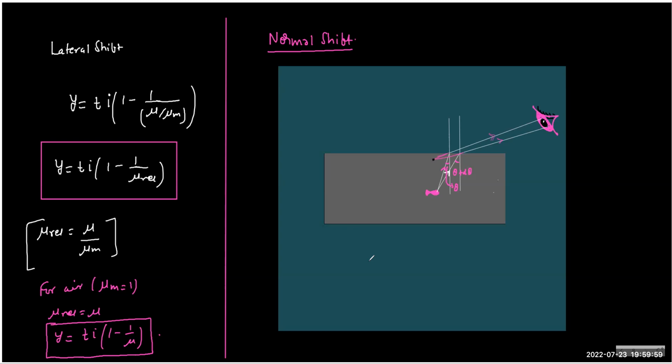This location is called the apparent position of fish. Understood? The position at which it appears to be there to the observer. So we call it apparent; that is not the exact position.